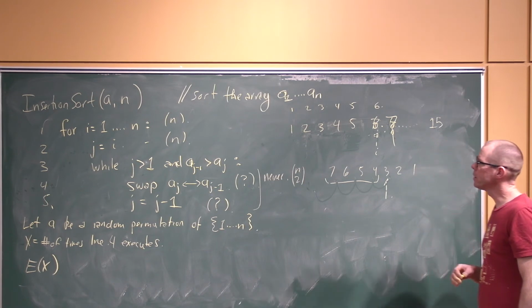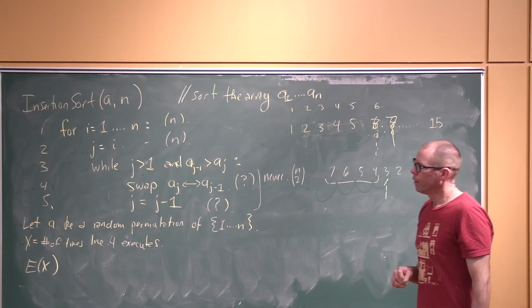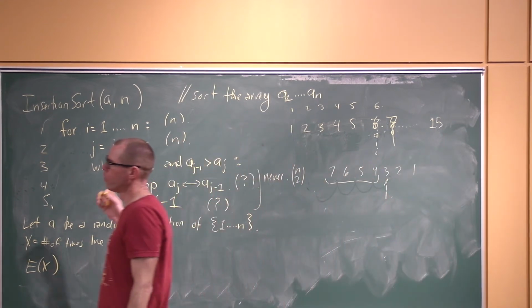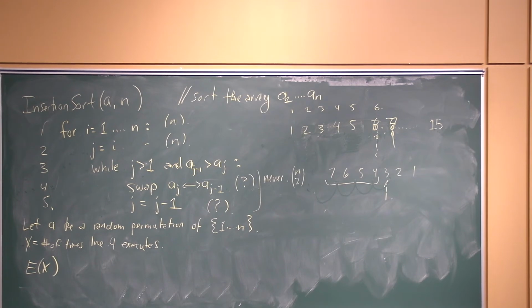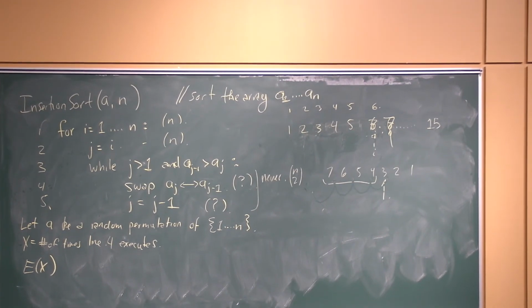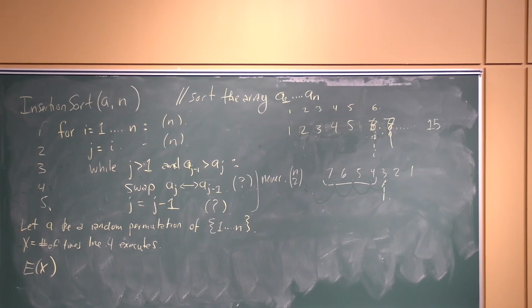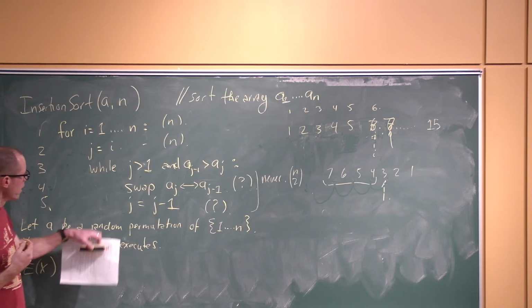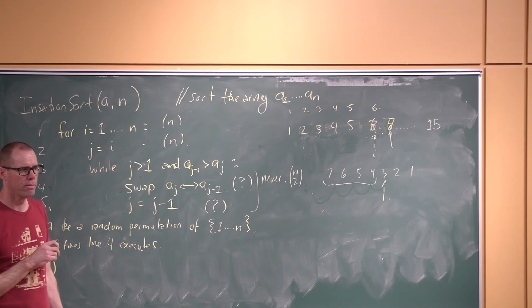So that says, well, the number of times line 4 executes is, each time it executes, it swaps a particular pair x and y, and it'll never swap them again. So I think that means that the number of times line 4 executes is exactly the number of pairs x and y that are swapped.